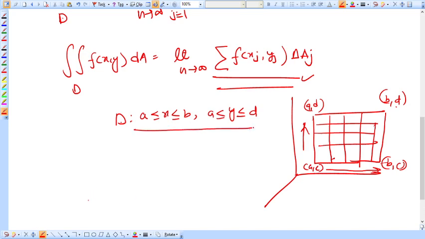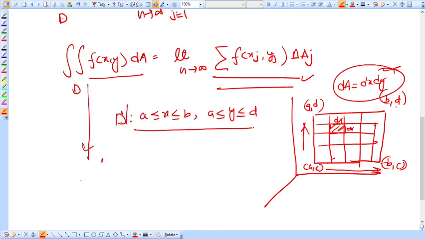If this is your sub-region, this is your dx, this is your dy. So you can write dA is equal to dx dy. Therefore this integration becomes the integral of f(x,y) dx dy.